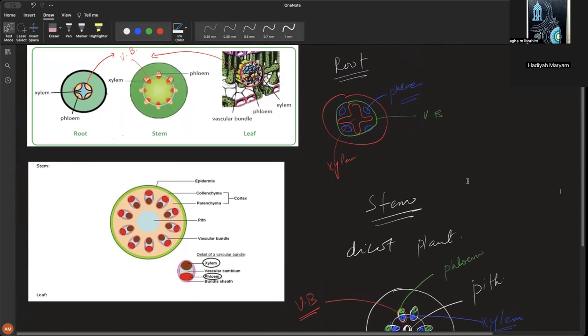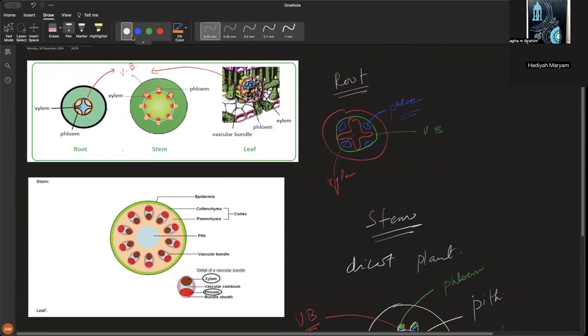So if you look at this part of the stem, you will see that we have epidermis, which is the outermost part. And then we have the collenchyma cells, which are kind of older cells which have grown now and they are transitioning from becoming the epidermis, the dead part of the outer bark.